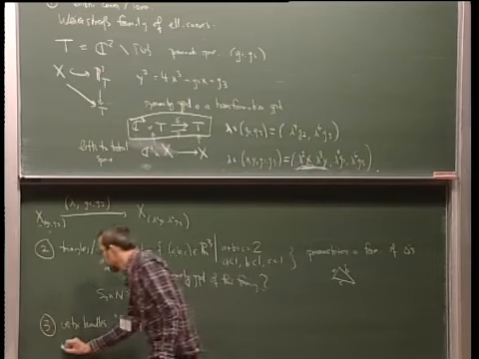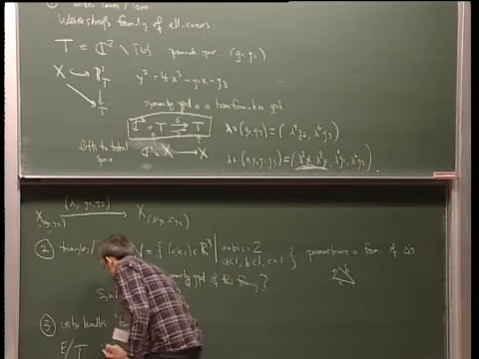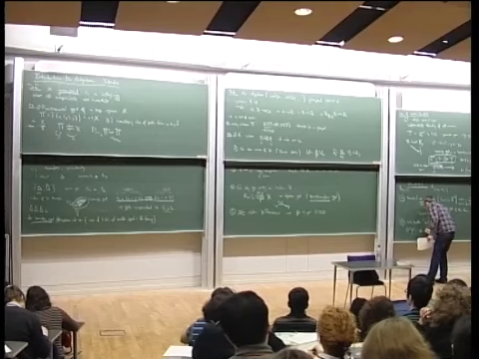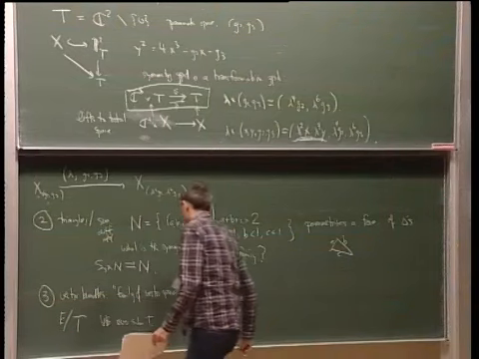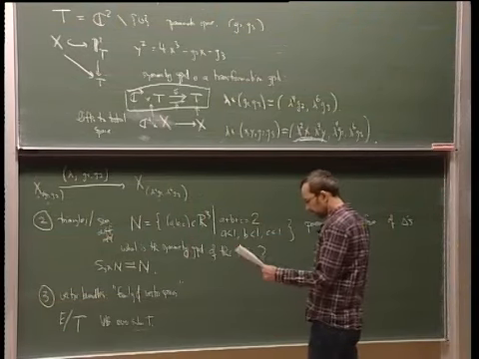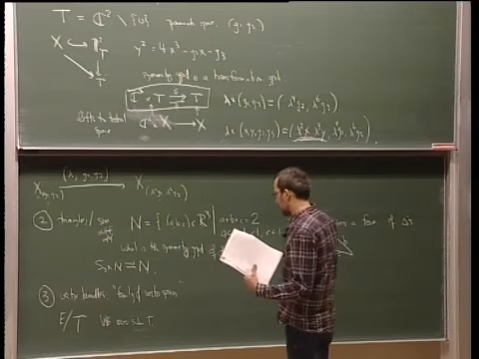So if E over T is a vector bundle over the scheme T, what is its symmetry groupoid?